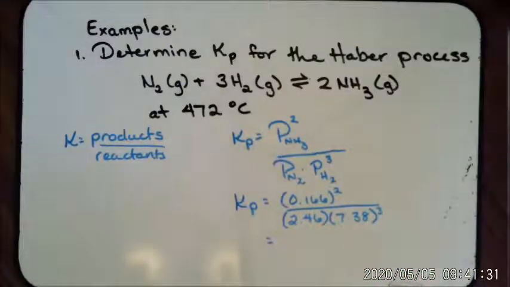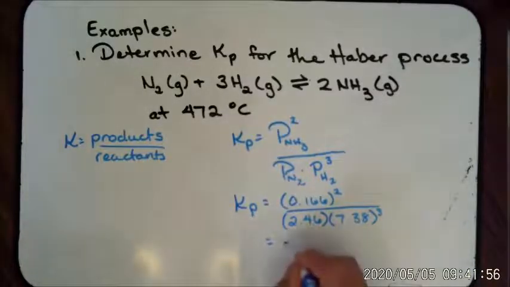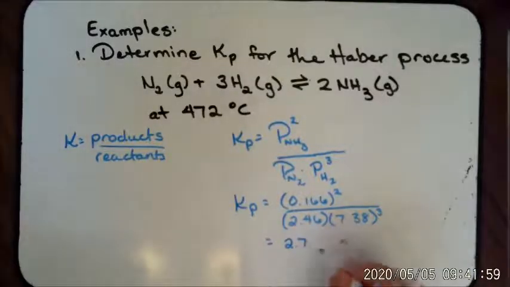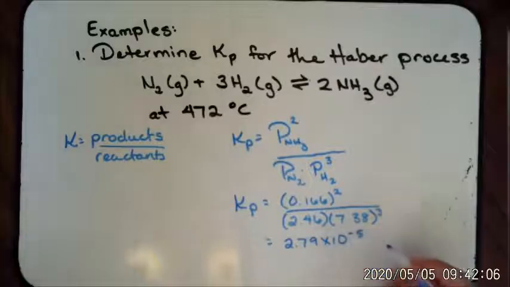So Kp is 0.166 squared divided by 2.46 divided by 7.38 cubed, and we get something like 2.786, 2.79 times 10 to the minus 5.